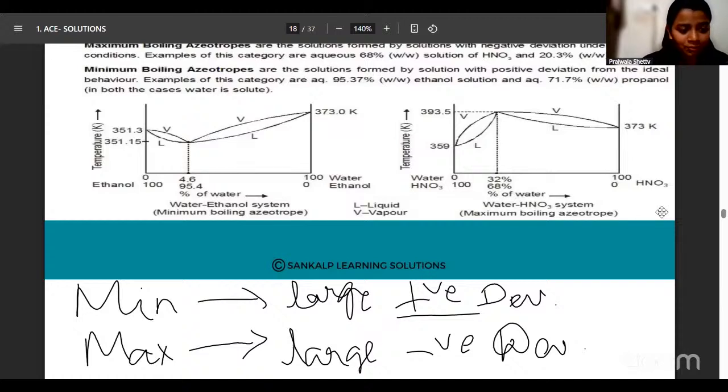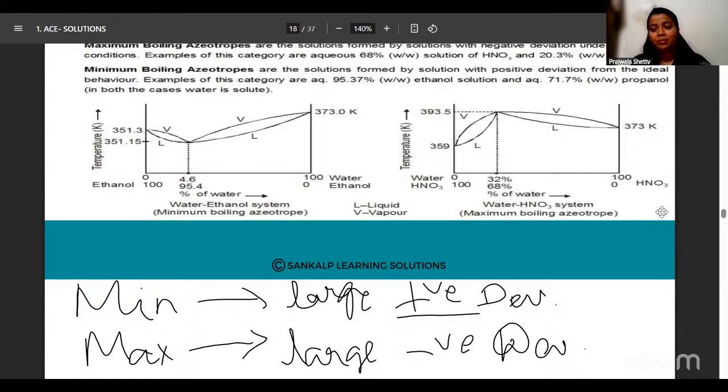At a specific composition, we also say. So just remember in simple words what minimum and maximum boiling azeotropes are. Minimum boiling azeotropes means a solution shows large positive deviation. You saw earlier what positive deviation means, right?